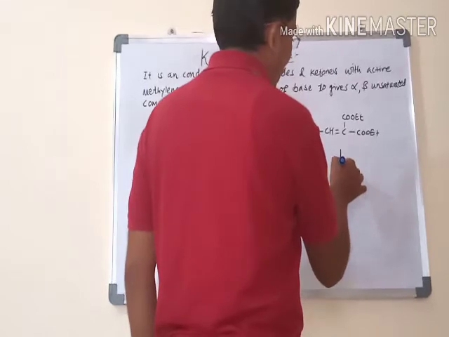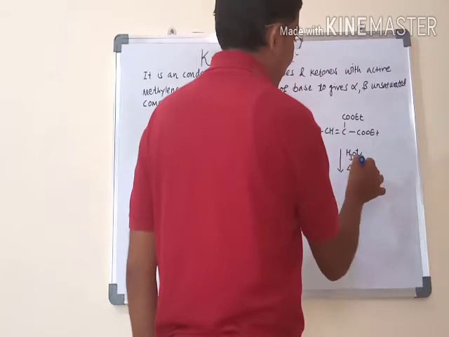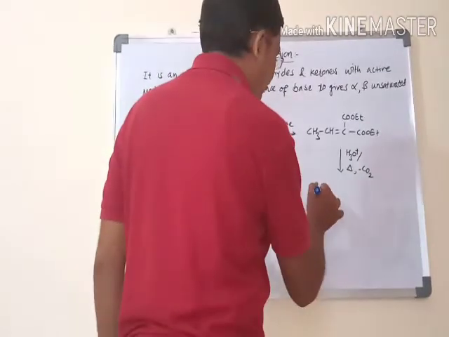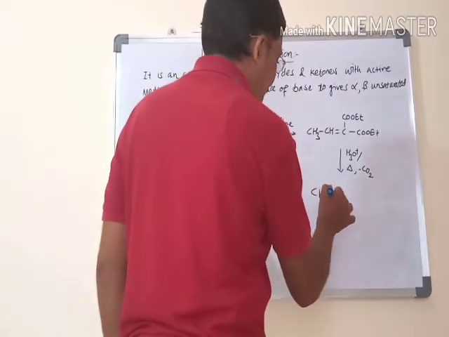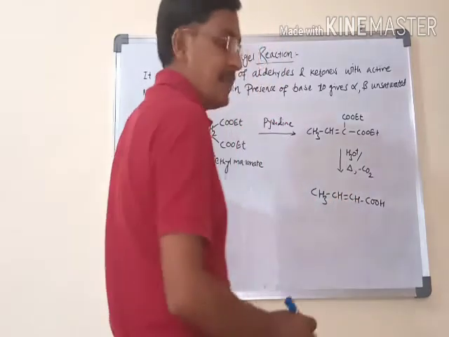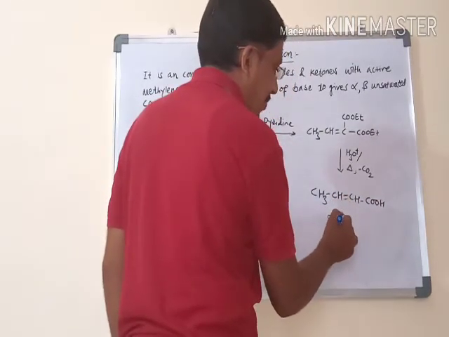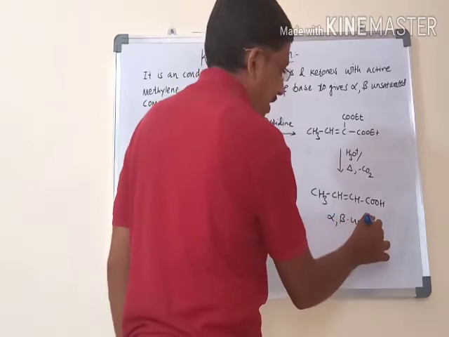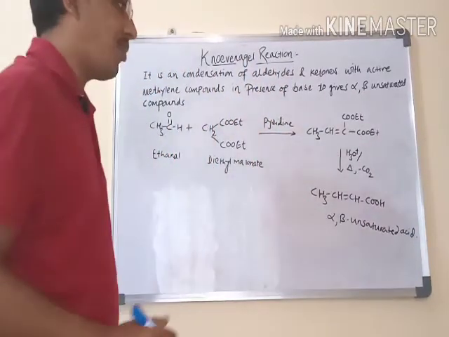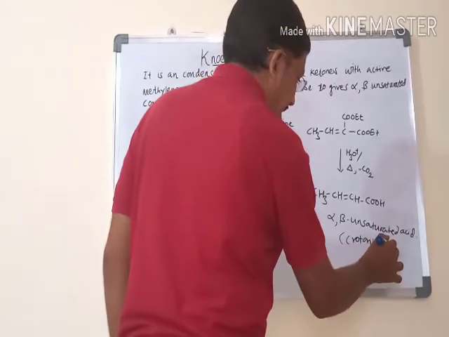Further, on hydrolysis and on heating, it undergoes decarboxylation, and finally we will get the product as alpha beta unsaturated acid, COOH. This is the functional group acid, this is alpha carbon and this is beta carbon, hence it is an alpha beta unsaturated acid.